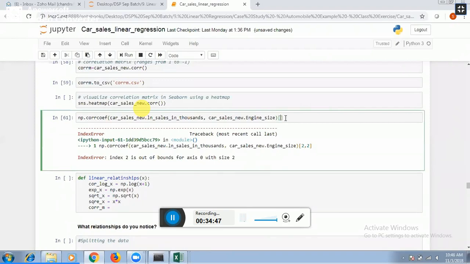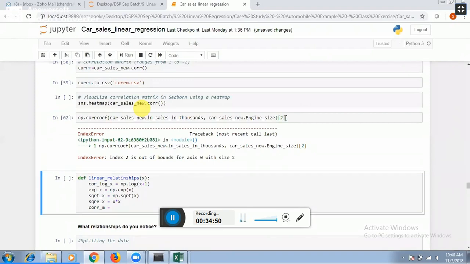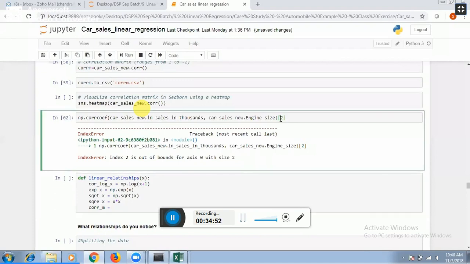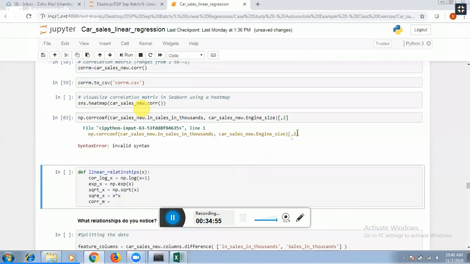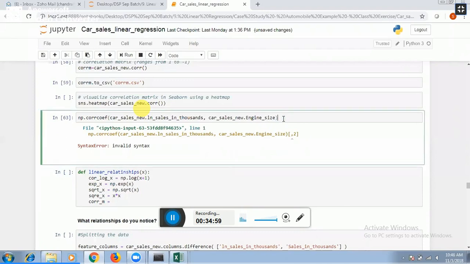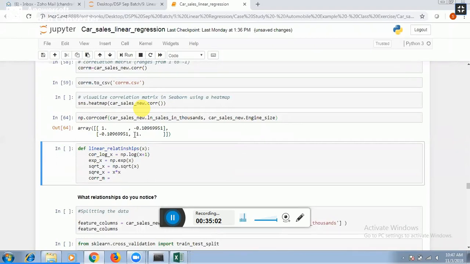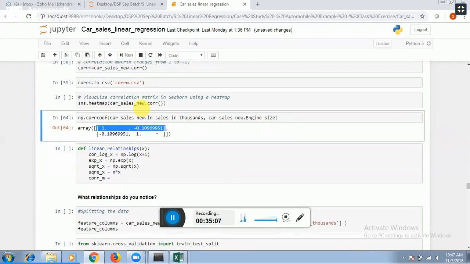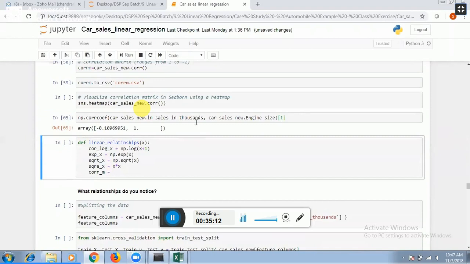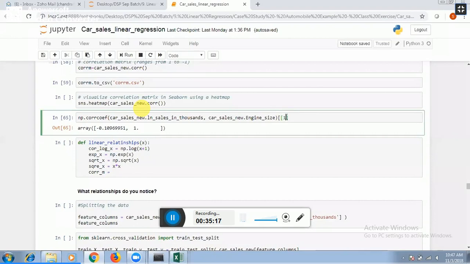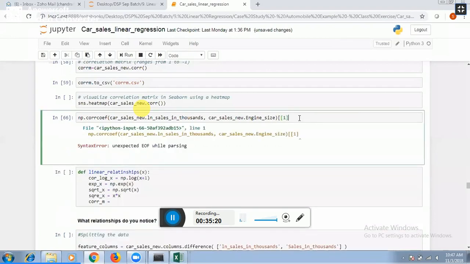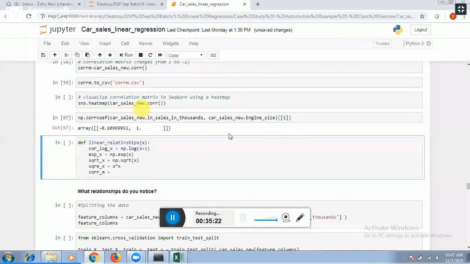The index is 2, because this is giving a matrix, right? It is an array, a matrix. In this case, you want to take the first value. Still you're not doing it.